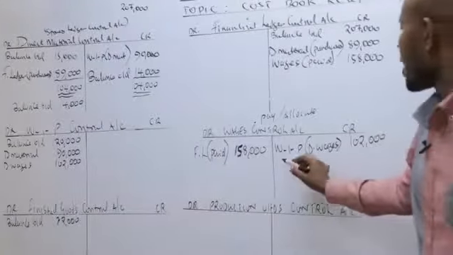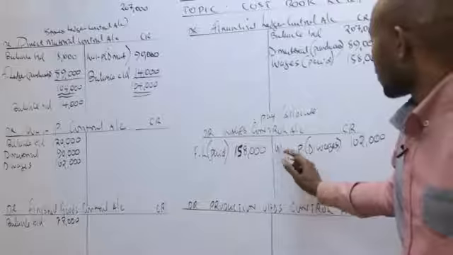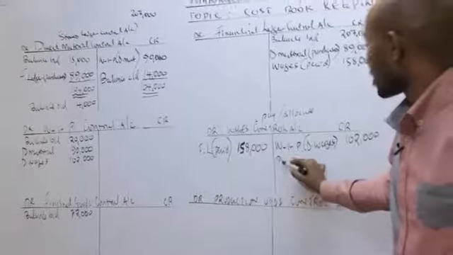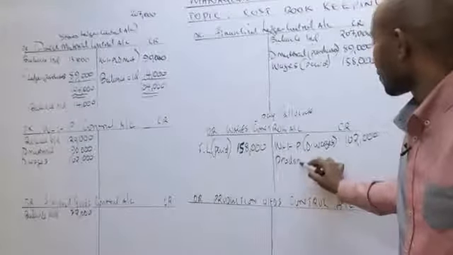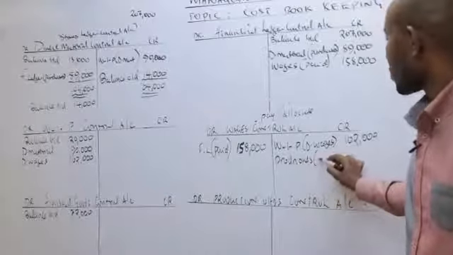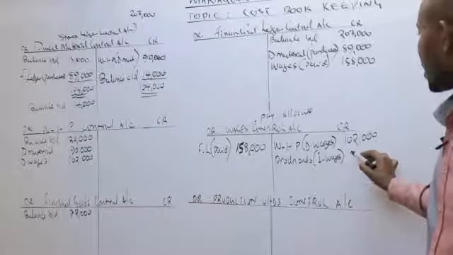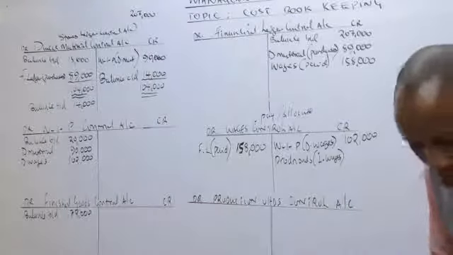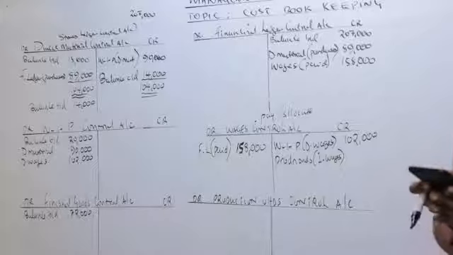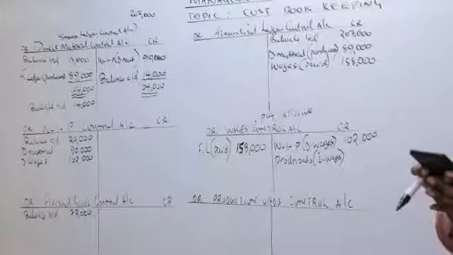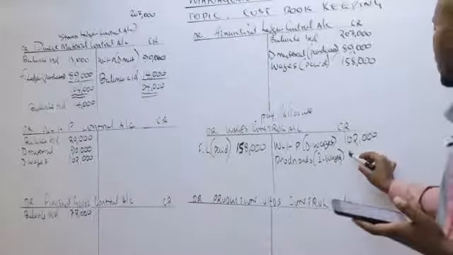So we say production overheads in this account, and those are the indirect wages. They're amounting to how much? 56,000.